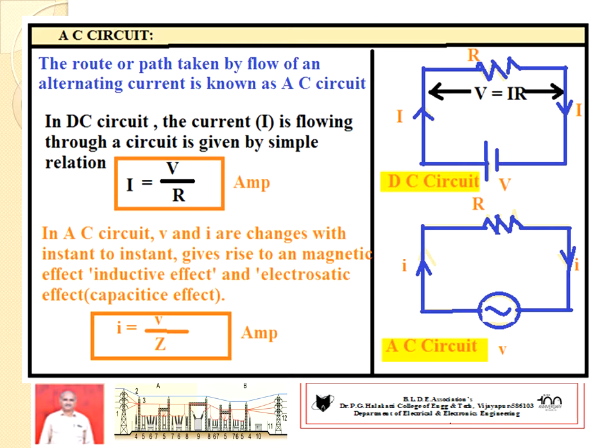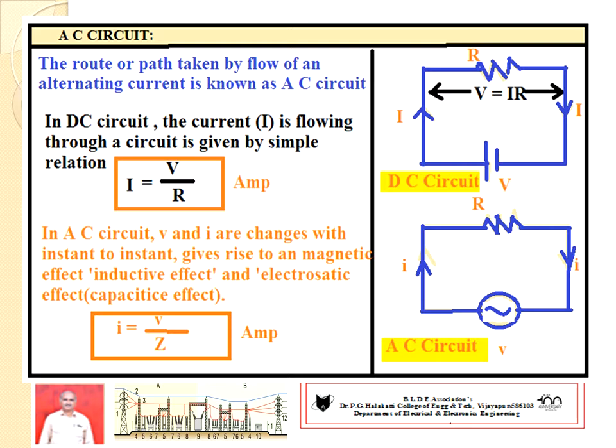In a similar fashion, what do you mean by AC circuit? That means the route or path taken by the flow of alternating current is known as an AC circuit. It consists mainly of an AC voltage source and an electrical appliance. For example, here it is considered as a load resistance of 4 ohms.